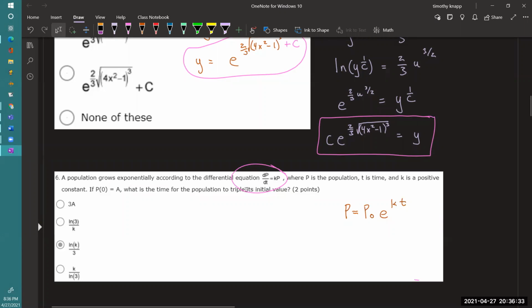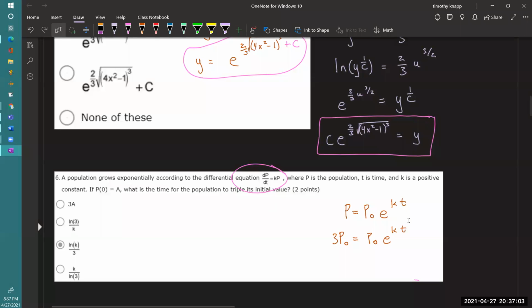My population is going to triple after a certain amount of time, T. My initial population, P0, or in this case A, is going to be 3 times that. So I can change this to 3 times P0 equals P0 e to the kt.